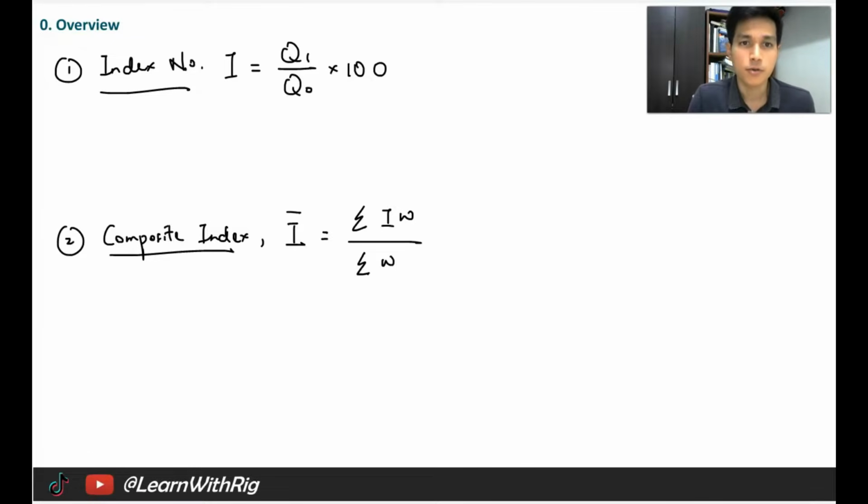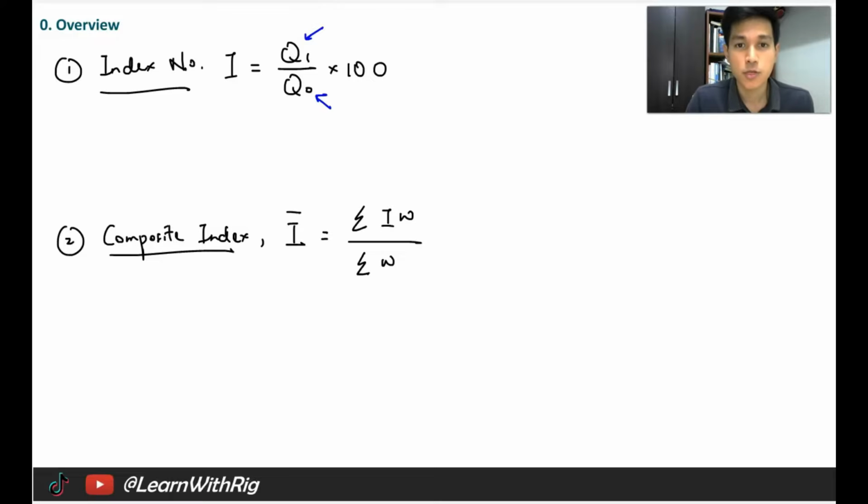So the first thing I want you all to understand is, what is index number? You see the formula, right? You're using Q. What is Q? Based on the questions that you're going to face, Q can be anything, but in this case we are going to be using either price or cost or any amount of quantity.